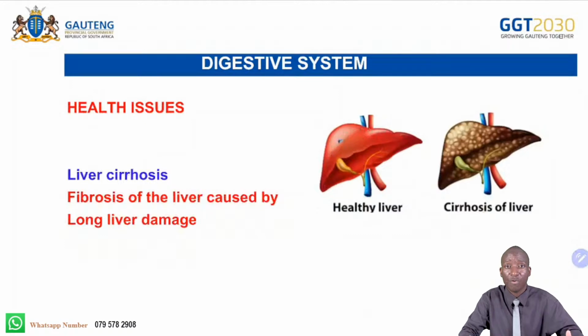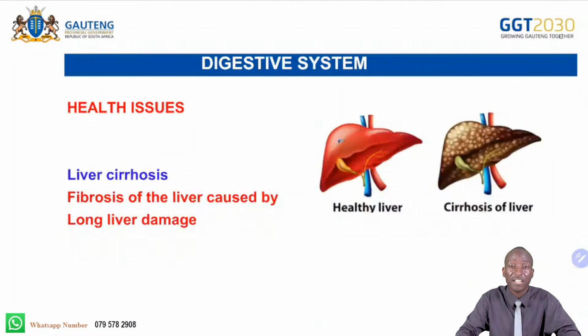Remember, the liver is the one responsible for removing toxins from the food products that we ingest or take through our bodies. So the liver purifies so that whatever food we take doesn't have toxins. But now once cirrhosis develops, you can see that the liver is showing damage and that disease has developed.